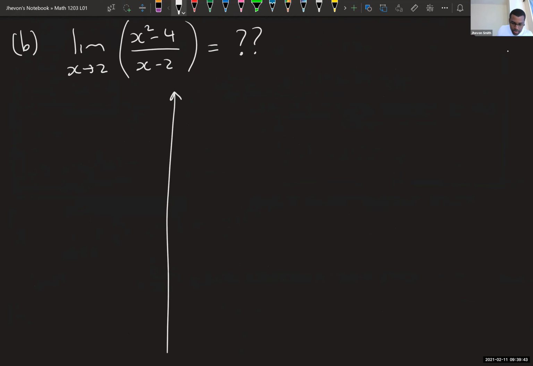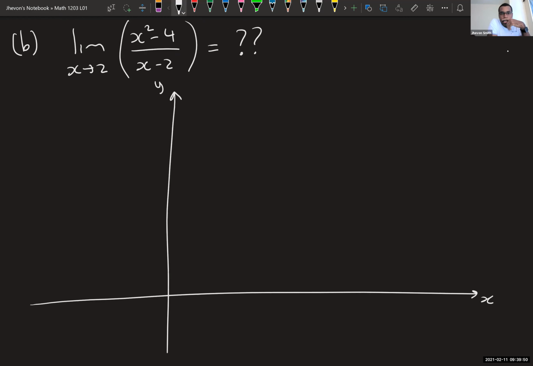What would the graph look like for this one? Any guesses as to what the graph would look like?